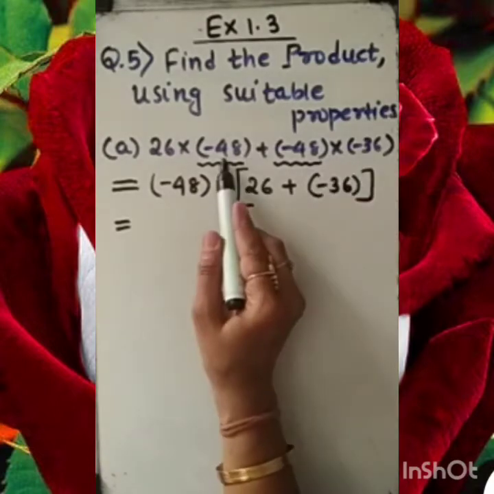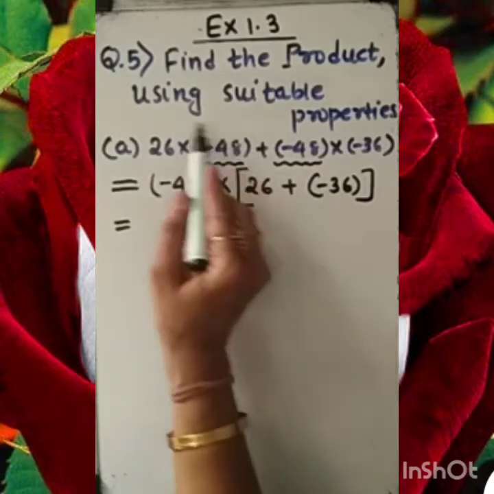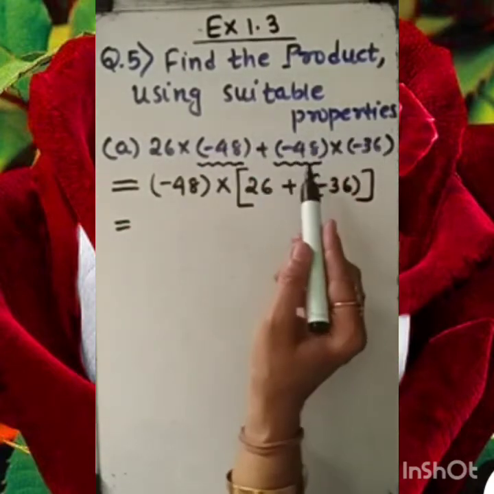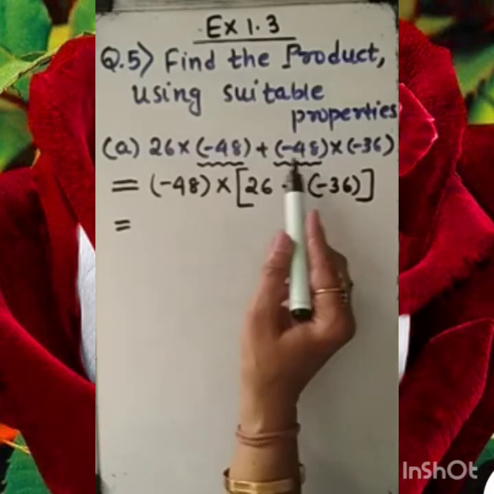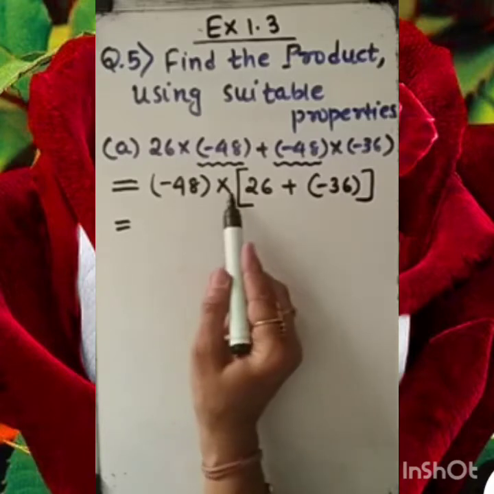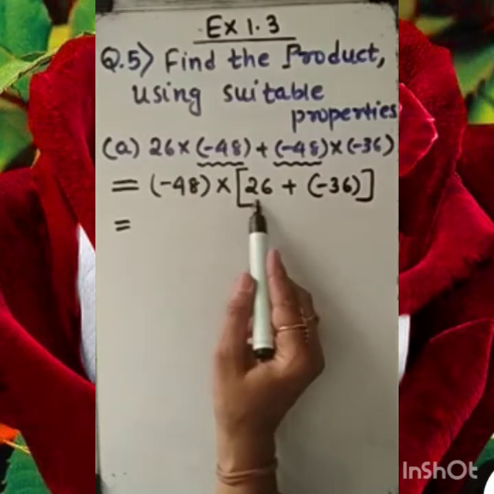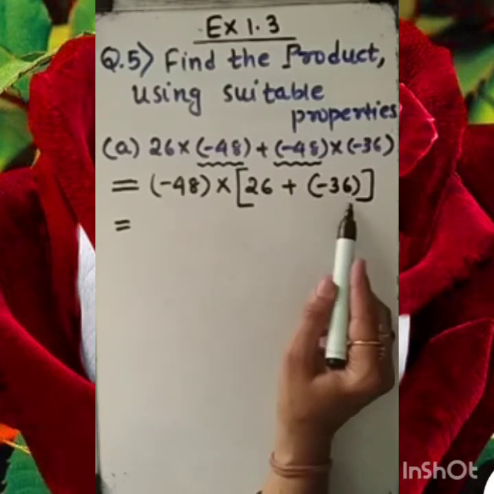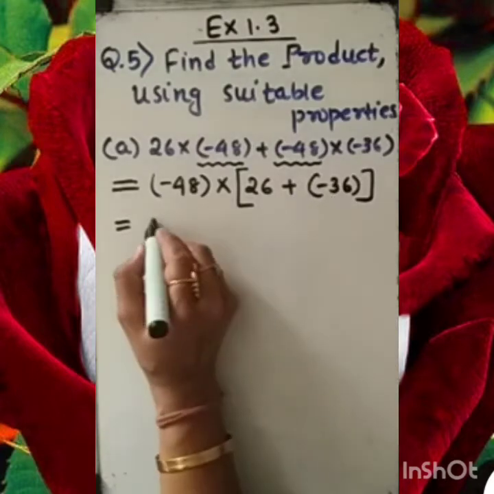I am considering this as the first part and this as the second part. From the first and second, -48 is common. So what is left here? 26 plus -36.